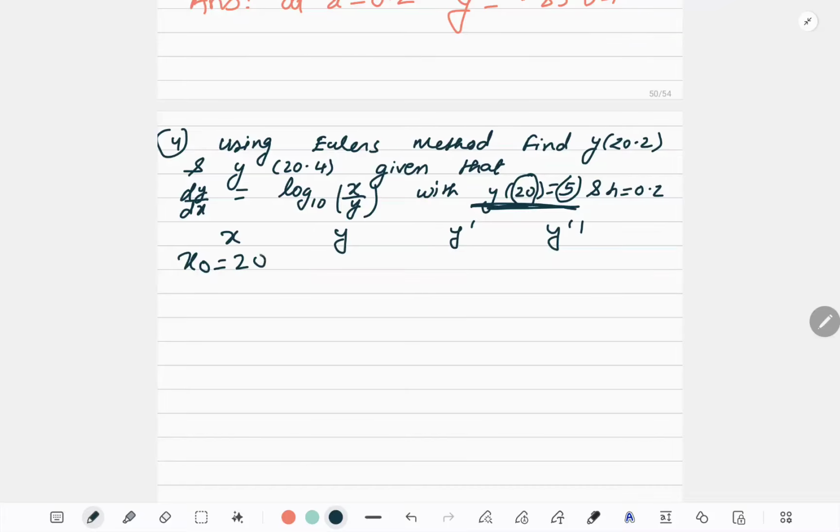Right. So you write 20 and y0 is equal to 5. Right. Now, let us start the work. What is your x1? x1 is 20.2. x2 is 20.4. You have to find out y1, you have to find out y2, and every time you need to modify your results.